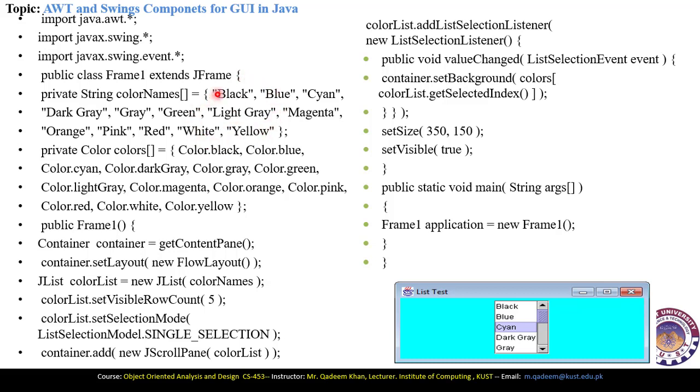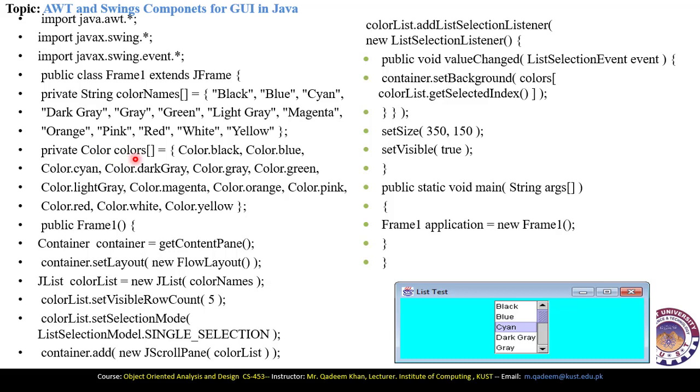These are the color name strings, assigned to the colorNames array, and its data type is String, and it is private because it is only accessible within this class and cannot be accessed outside of the class.